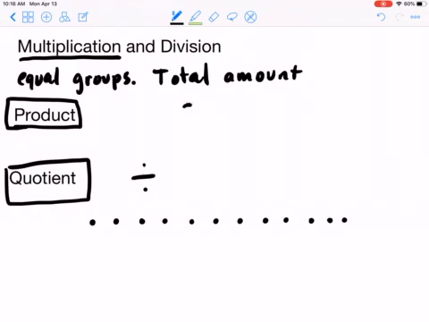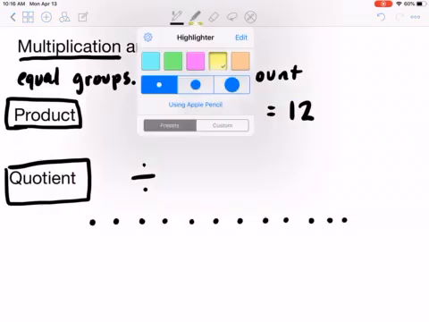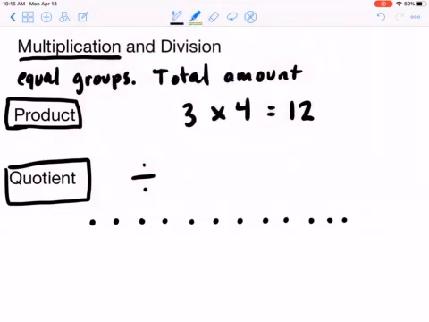In multiplication, we said 3 equal groups of 4 will give us 12 total objects. What happens if we're given 12 total objects? If we put them into equal groups of 4, we could say 1, 2, 3, 4. There's one group of 4. 1, 2, 3, 4. There's another group of 4. There's another group of 4.